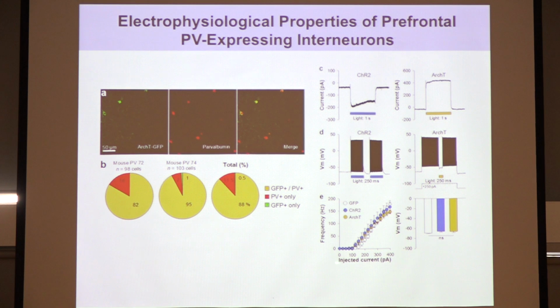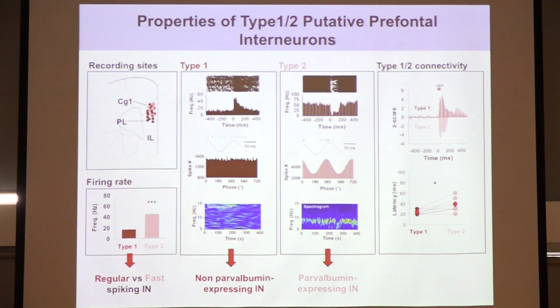And we have performed current injection and measured the firing frequency of those neurons. And there was no difference between those three categories of PV neurons following the current injection. So they behave the same way as the neurons that were not infected with archaerhodopsin. That was an important control for us.